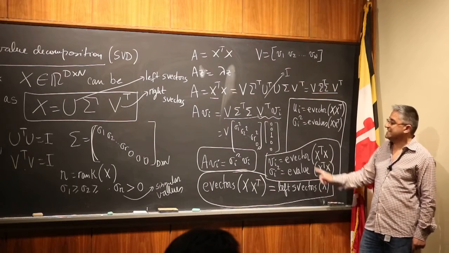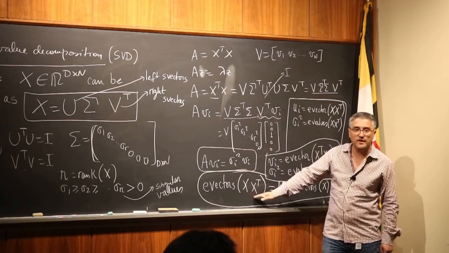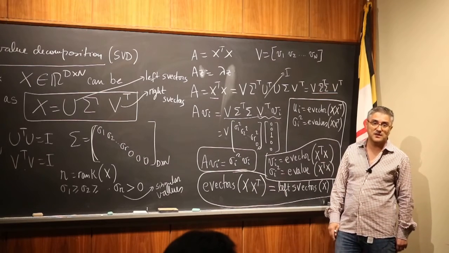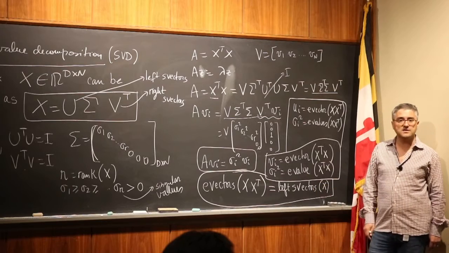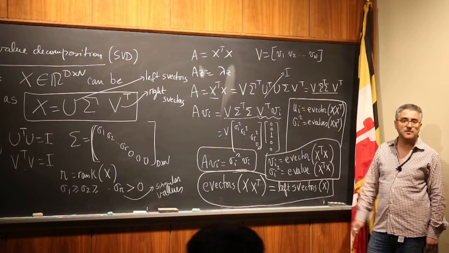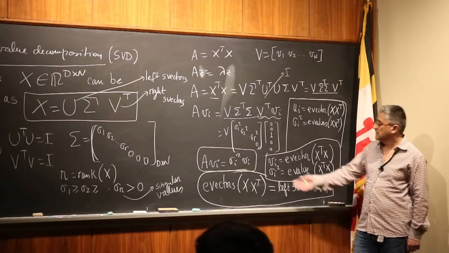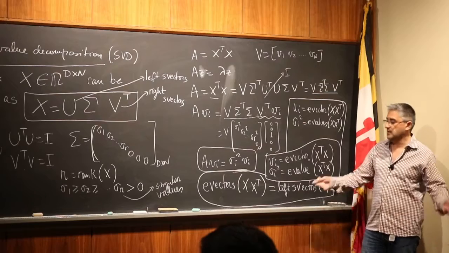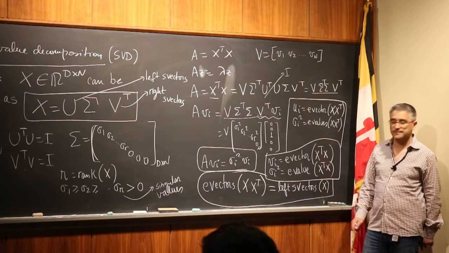Okay? So instead of computing eigenvectors of the covariance, and instead of even computing the covariance, which I don't need to, I can just directly compute these singular vectors of the data. And that can potentially be way more efficient than computing the covariance matrix first, which is gigantic, and the eigenvectors of that covariance matrix.